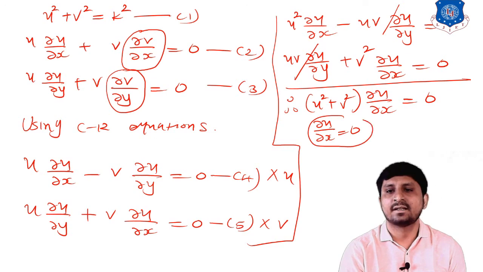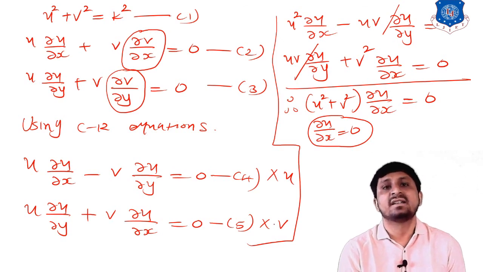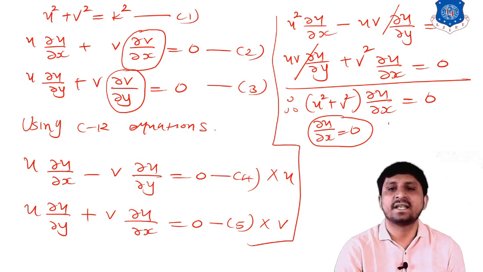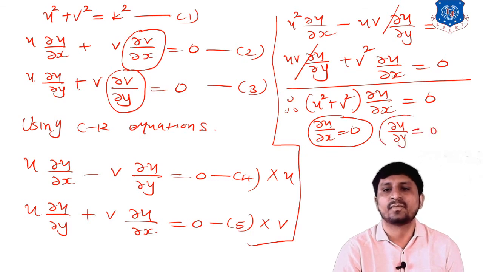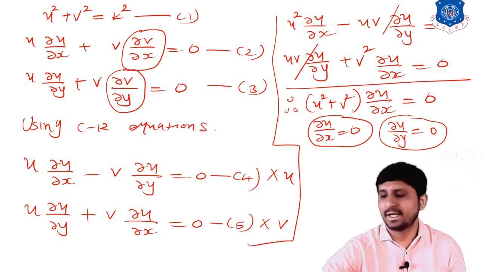Suppose we take the reverse process: multiply equation number 4 with v and equation number 5 with u, and then subtract the two equations. Then you will get del u by del y equal to 0. This is up to you to prove. Now we have del u by del x equal to 0 and del u by del y equal to 0.